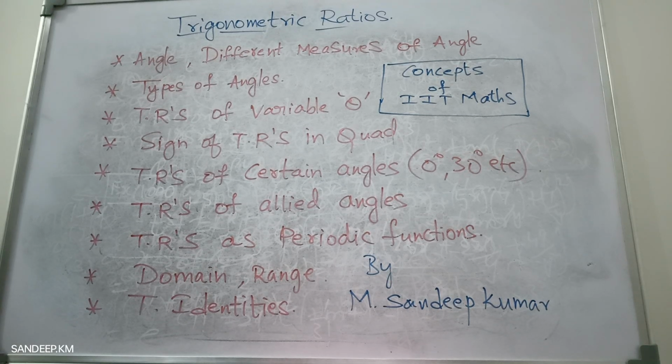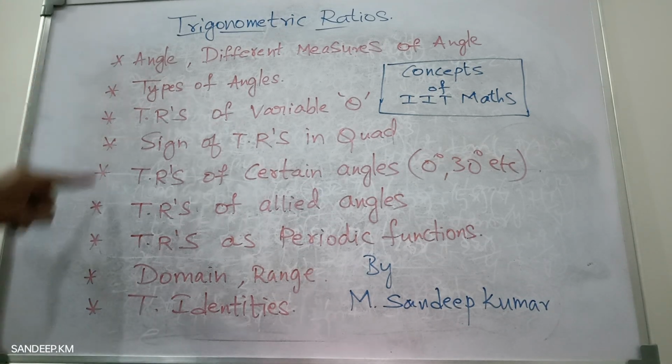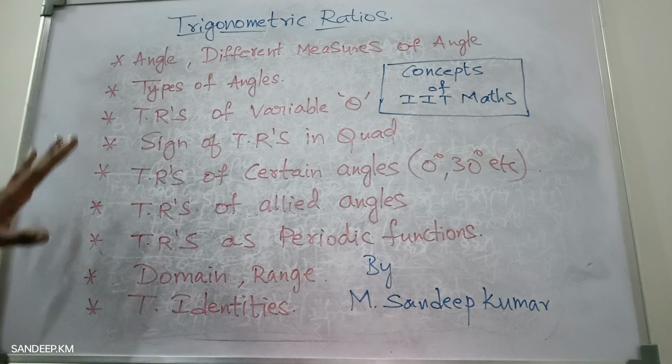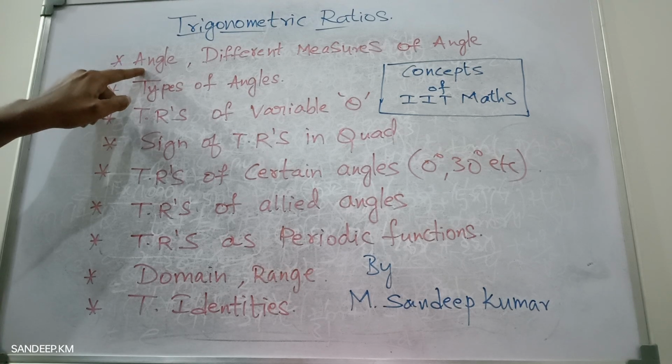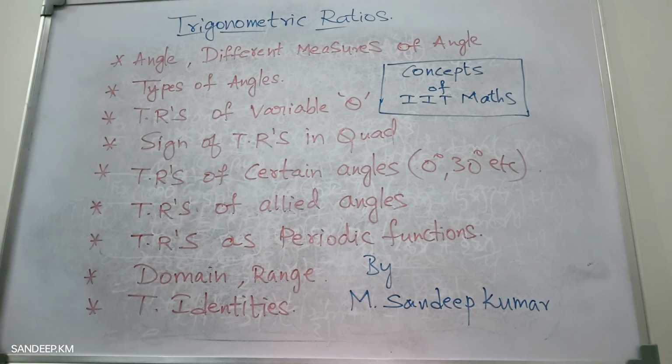In today's video we are going to start with the first subchapter called trigonometric ratios. And in trigonometric ratios, what are the subtopics? I have given them on the board. In today's video we will discuss angle and its definition, and then different measurements of angles.